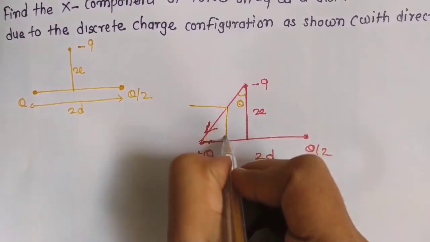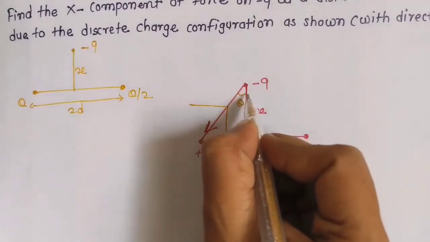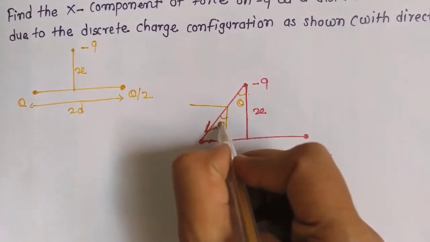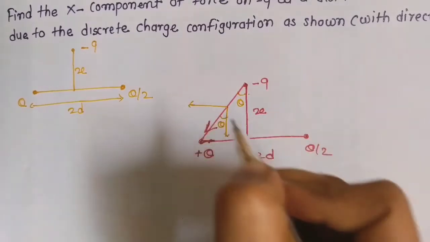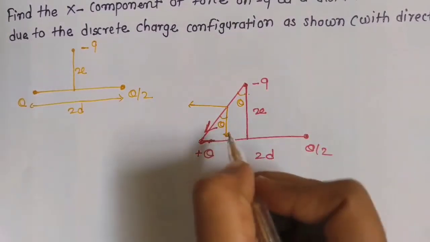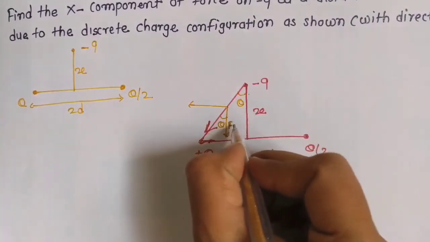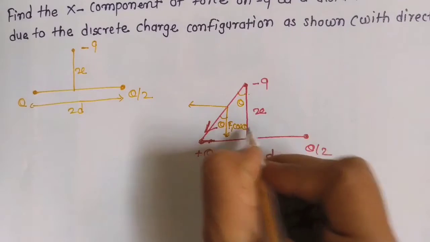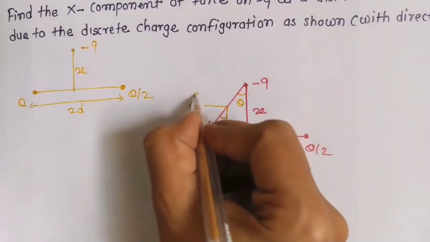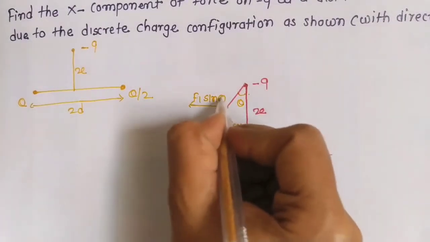This angle is theta. This component is F1 cos theta, and the remaining component is F1 sin theta.